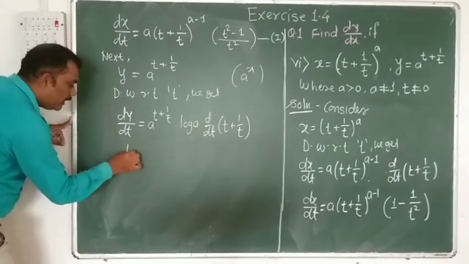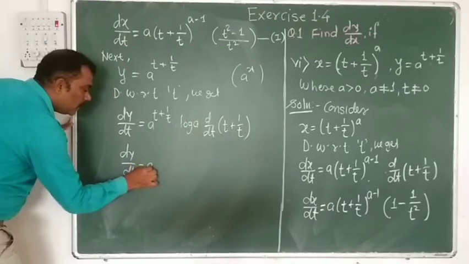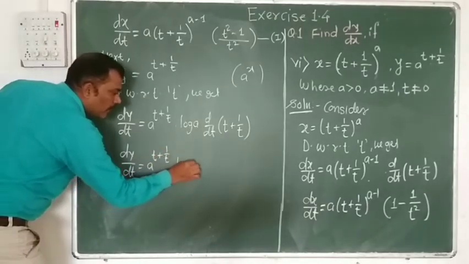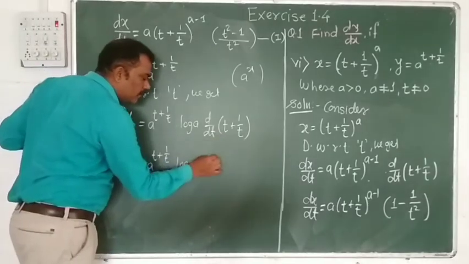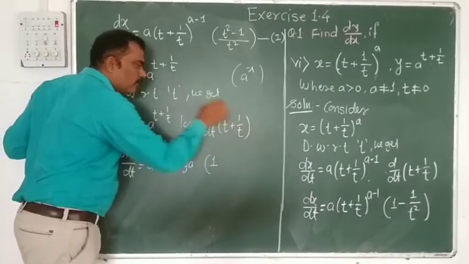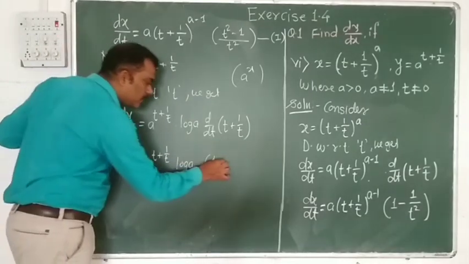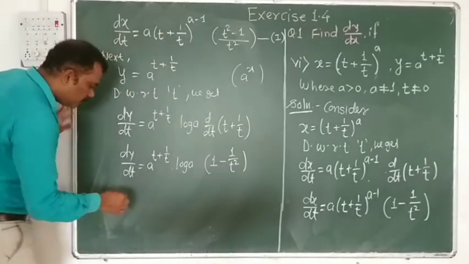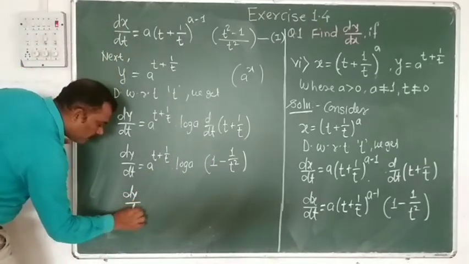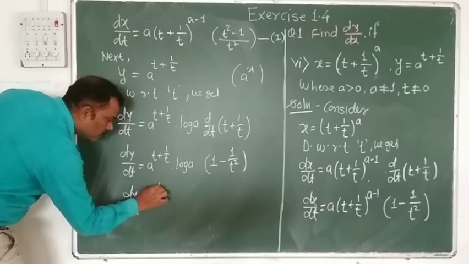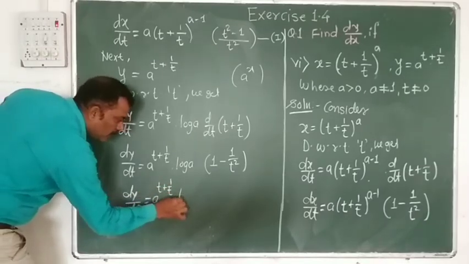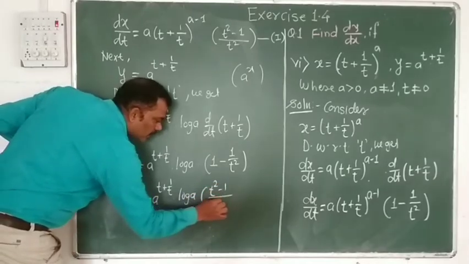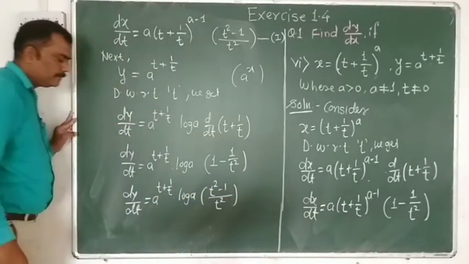So dy by dt is equal to a raised to (t plus 1 upon t) into log of a into the differentiation of t, which is nothing but 1, plus the differentiation of 1 upon t, which is minus 1 upon t square. If I simplify this, I get dy by dt is equal to a raised to (t plus 1 upon t) into log of a into (t square minus 1) divided by t square.